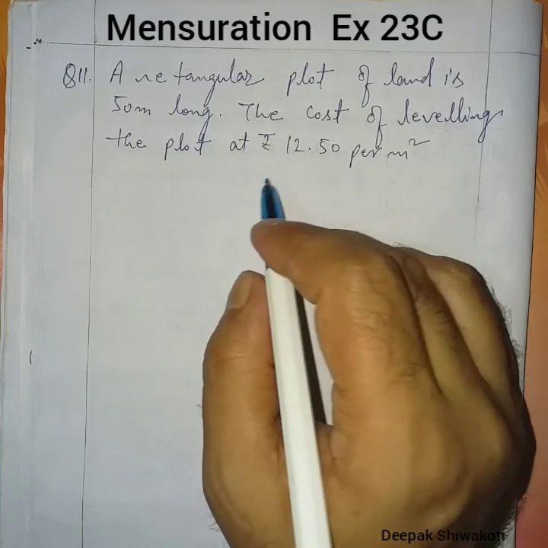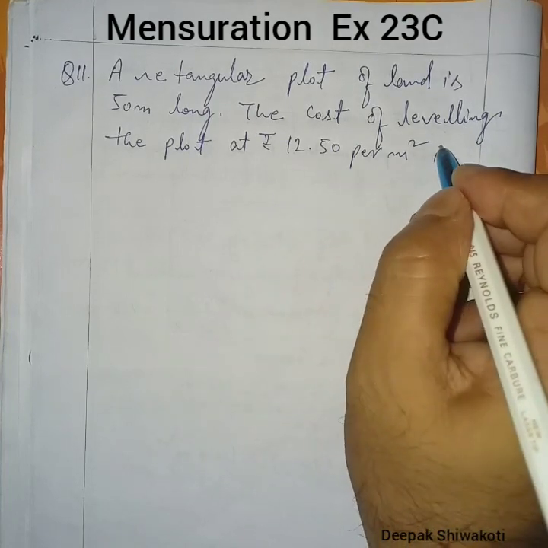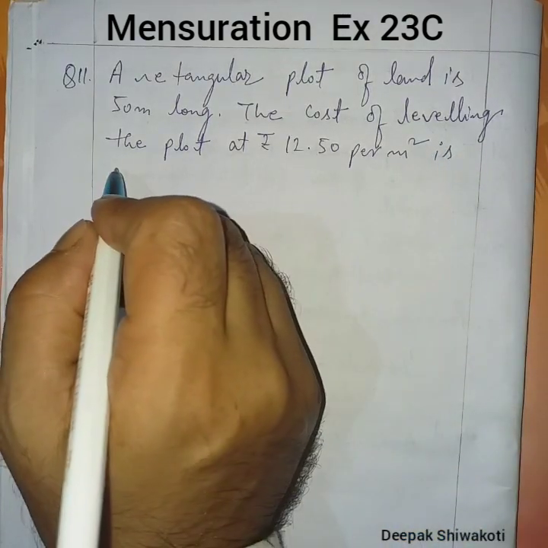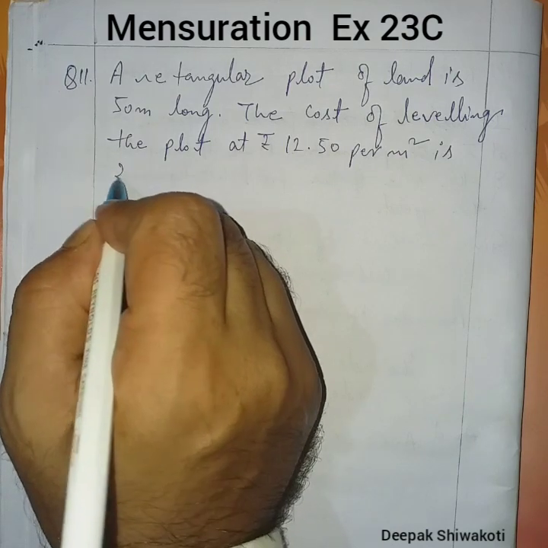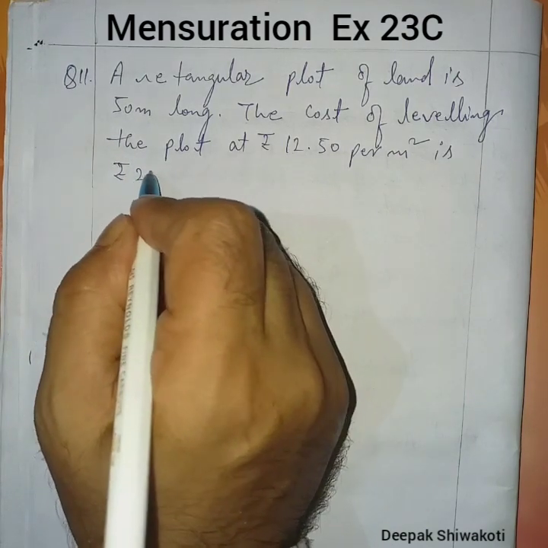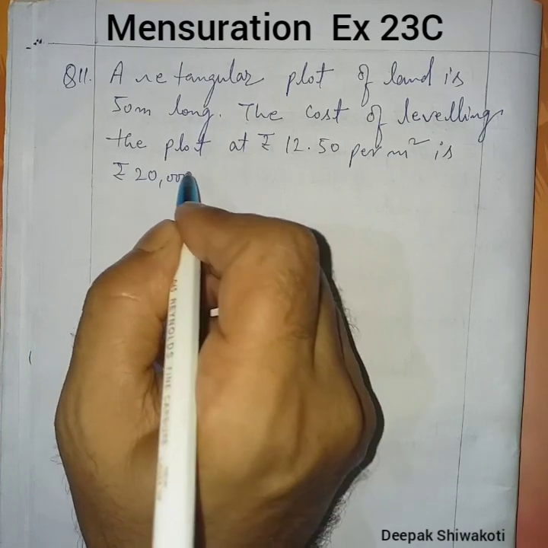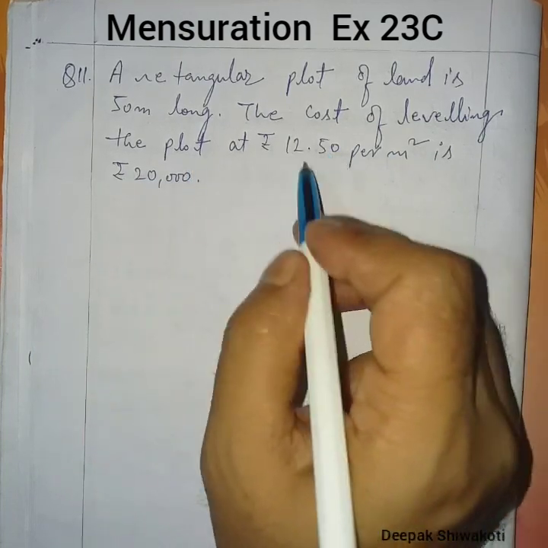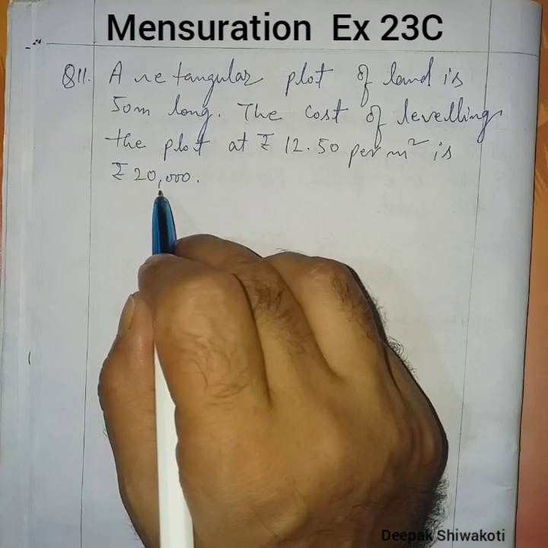Okay, the cost is this much and the total cost is rupees 20,000. So at this rate the total cost is 20,000.